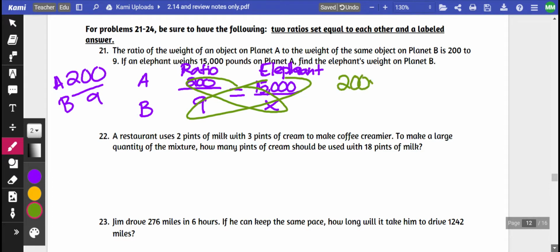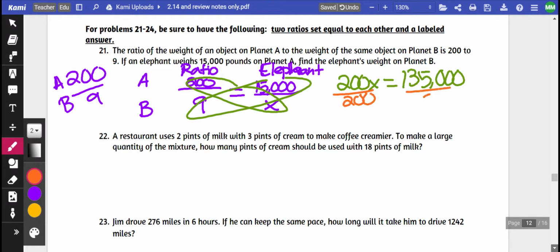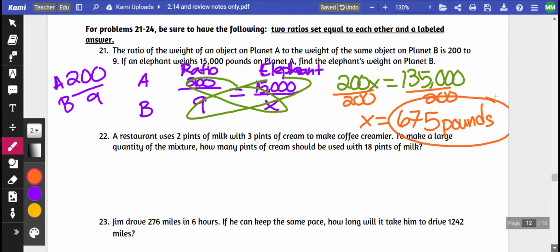So we have 200x equals 9 times 15,000. 9 times 15,000 is 135,000. The next thing I'm going to do is divide both sides by 200, and I end up with 675. Make sure that we include a label: pounds. So the elephant would weigh 675 pounds on planet B.